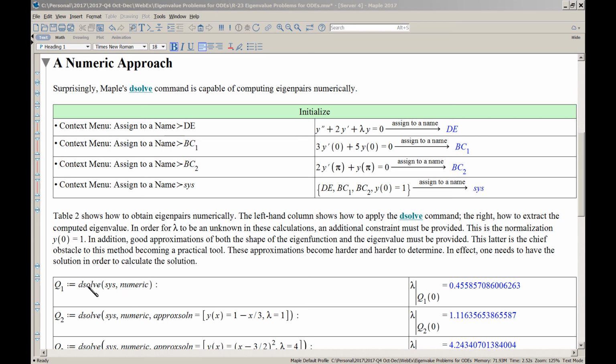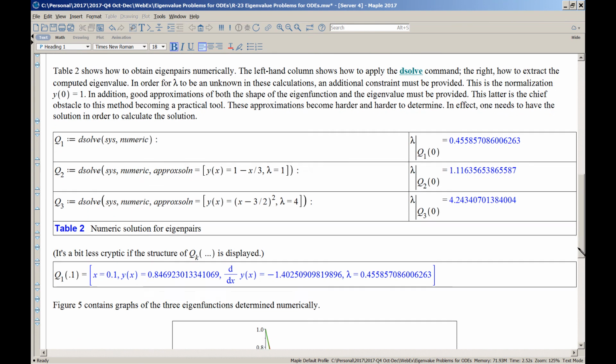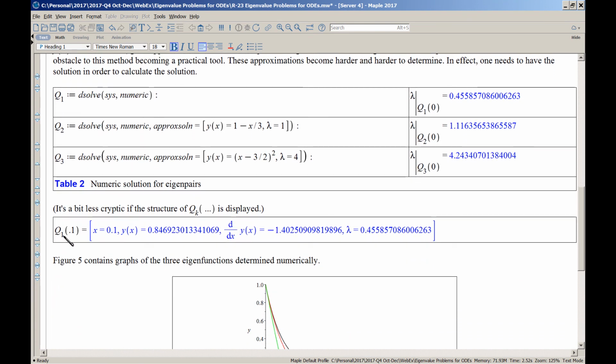Okay, you apply dsolve to this system, and you tell Maple this is a numeric calculation. So Q1 is really a collection of procedures. If I evaluate lambda at Q1 of 0, I will get the first eigenvalue. Now that's a little bit puzzling if you don't see what Q1 looks like. Q1 is a list of these functions in here.